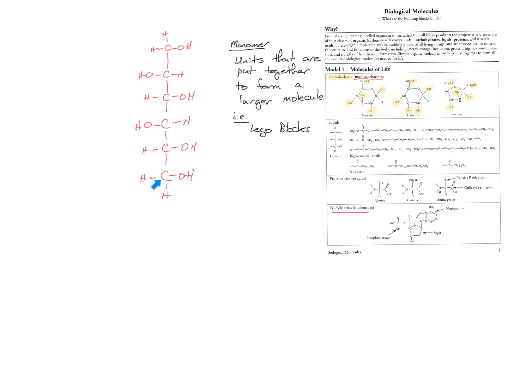So if this oxygen is going to circle around and make a bond with the second carbon, you see here, this is the oxygen that's coming around. At the end, it's going to make a bond with the second carbon.